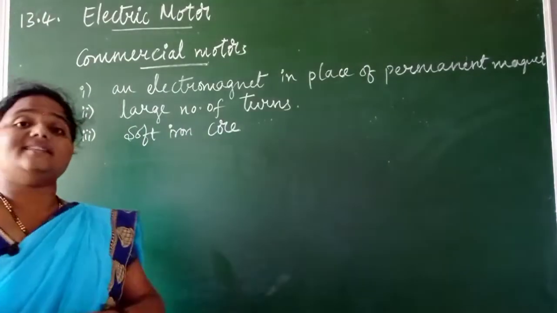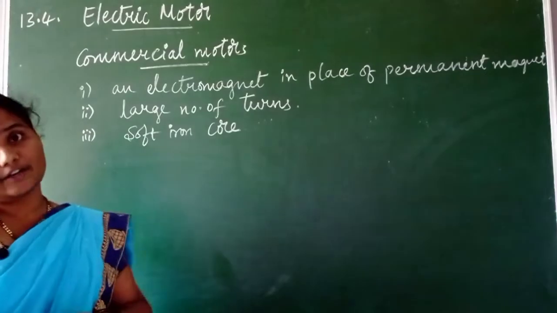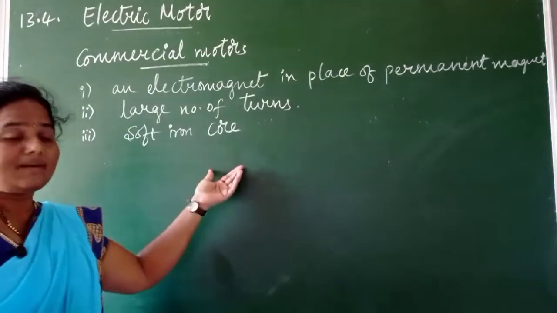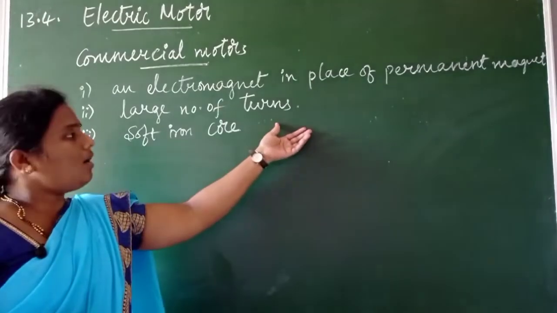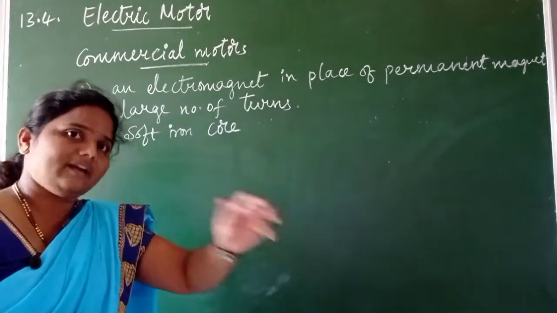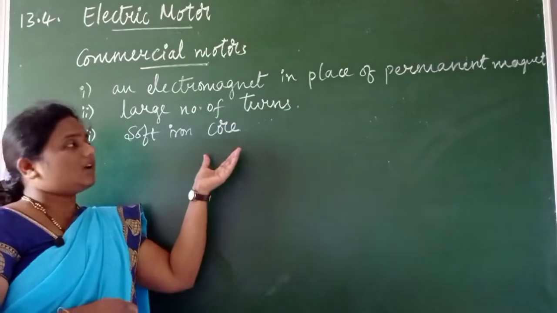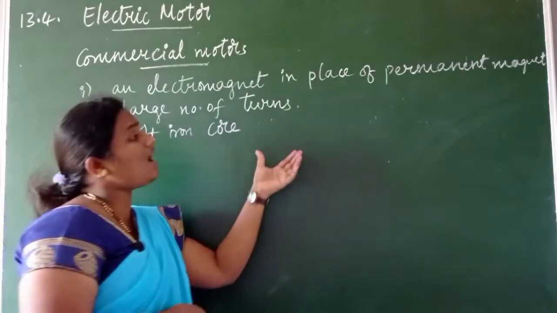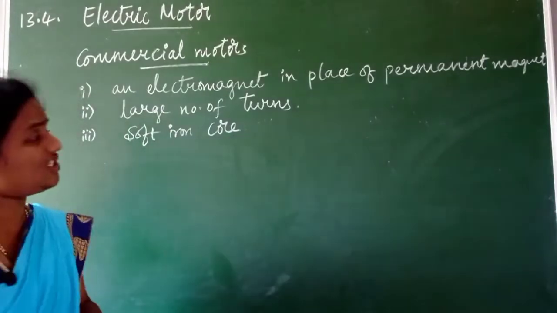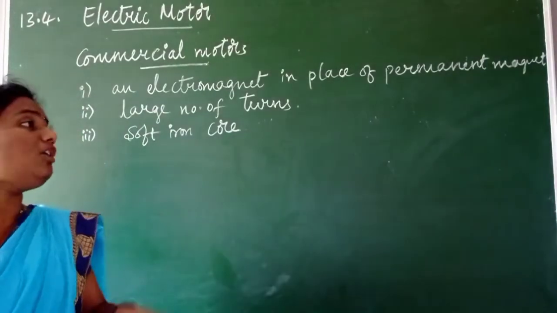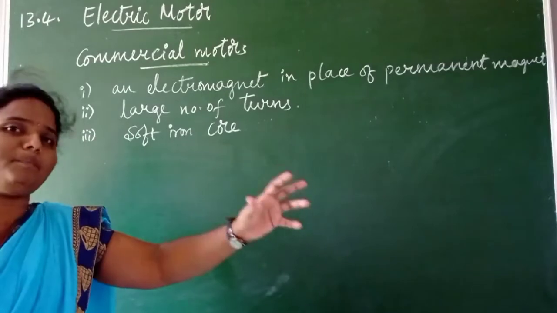And the third one says that we use a soft iron core, that is, when we wind the coil on a soft iron core, we can magnetize it, and the strength of the magnetic field increases, children, isn't it? What happens now? The motor becomes more powerful.